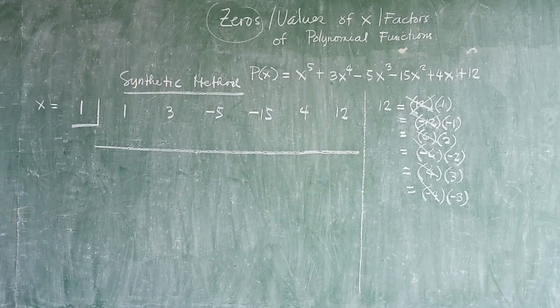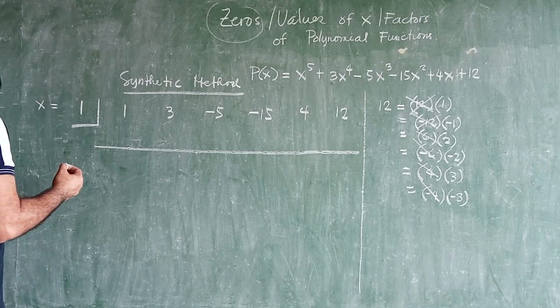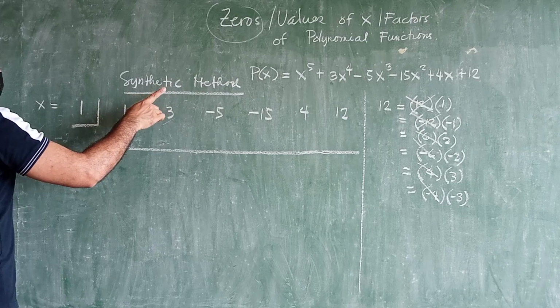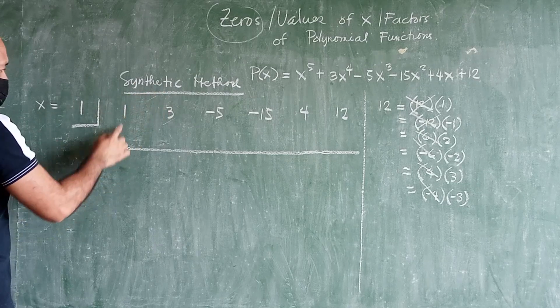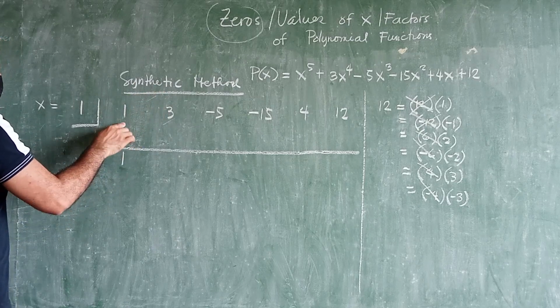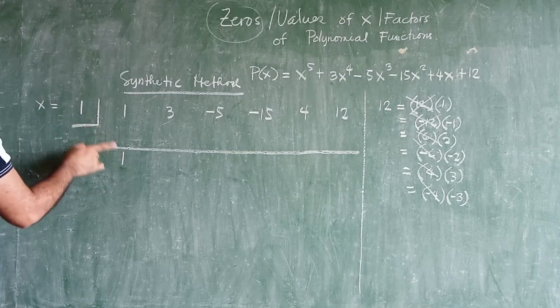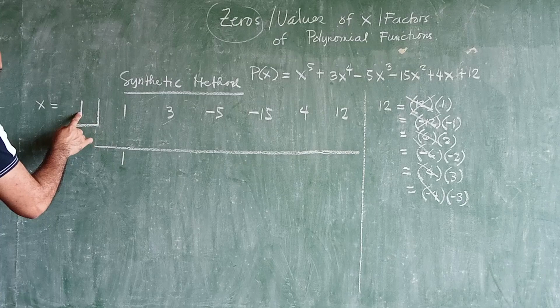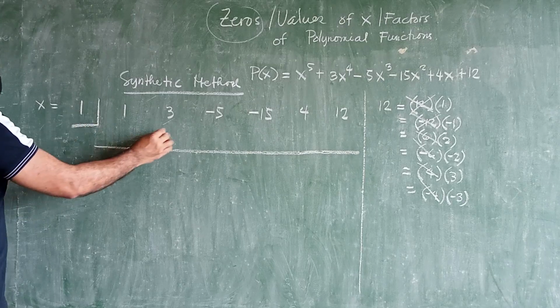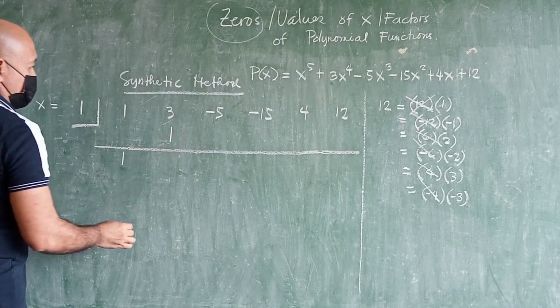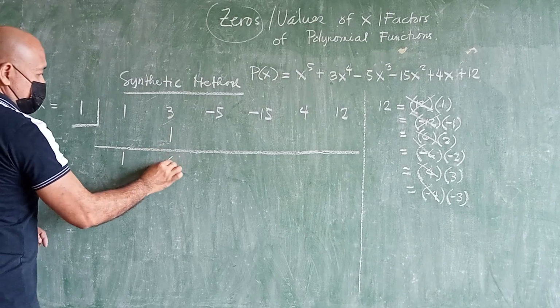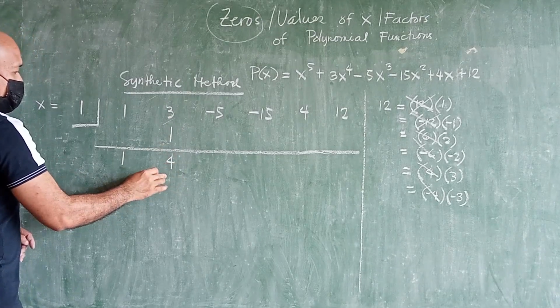Based on our previous lesson tutorial discussion, the first step when we use the synthetic division method is just bring down the first term here. That is 1. Then after that, multiply it to the synthetic divisor. The result is 1 and place that 1 here. Then add. This is 4 and then repeat the process.